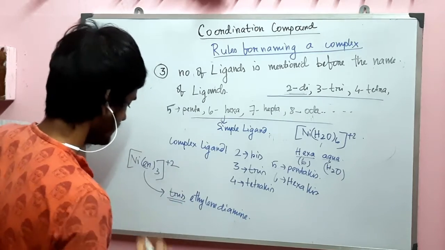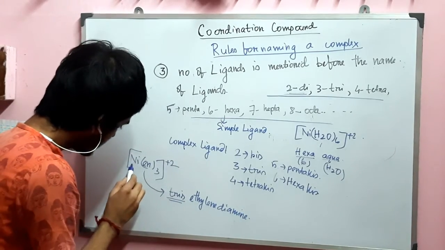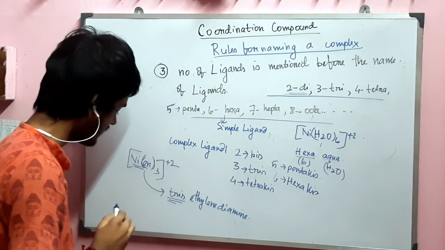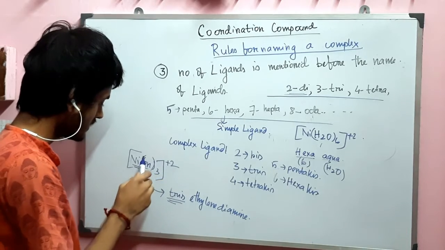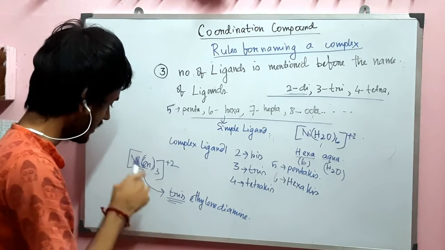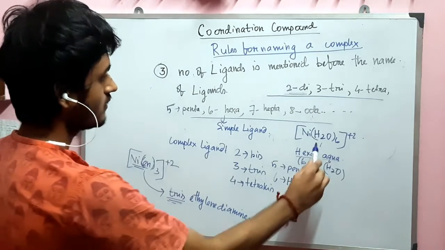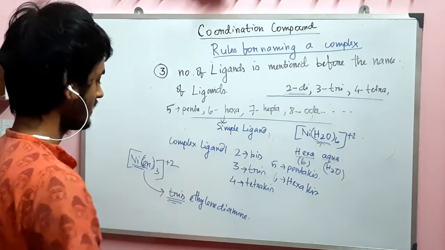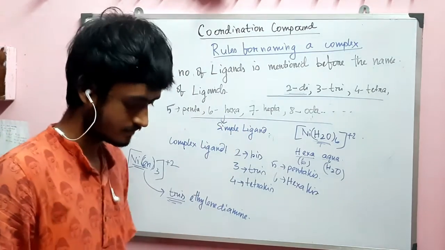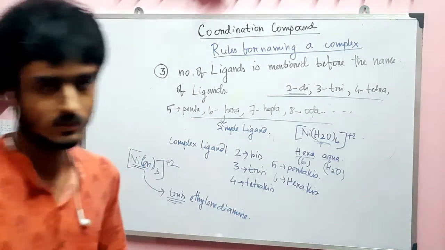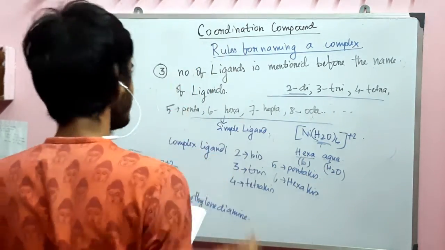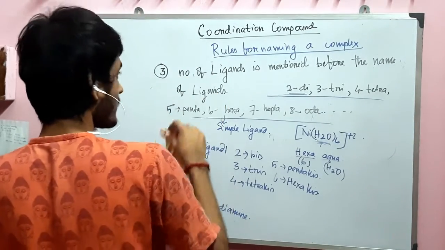Because this tris is used because en is a complex ligand, a bidentate ligand, so this tris is mentioned. And if these are simple ligands, then only use hexa, hepta, penta, etc. Clear? Note down this. I will be writing the board after this. So we have completed the third one.